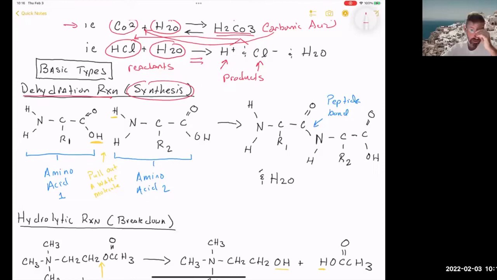And so what you have is an amine group on one part of an amino acid. Amine comes from ammonia, and ammonia is NH3, nitrogen with 3 hydrogens. That's ammonia. So the nitrogen-containing group is what we call the amine. And then you have this acid over here.